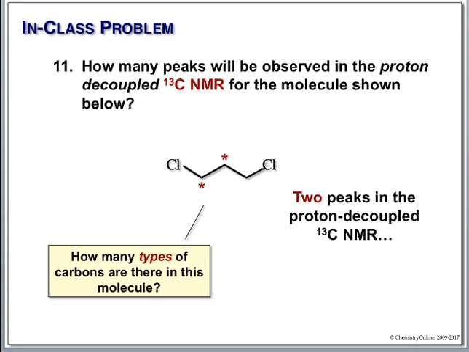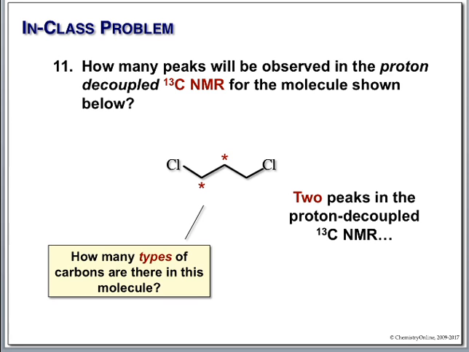Now let me change the question here just a little bit. If I gave you the proton NMR of this, what would we see? Well, we just made the argument that this CH2 and this CH2 are the same, right? Both of them are next to what?